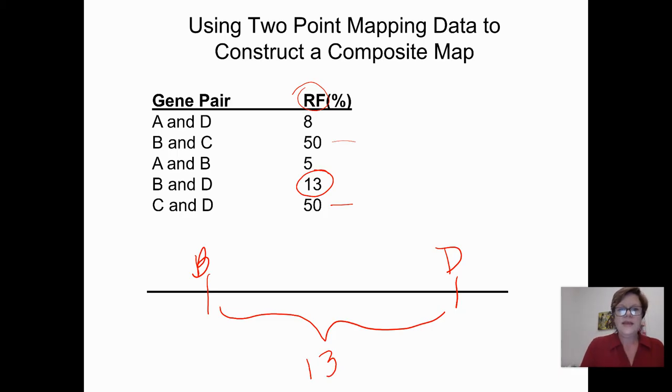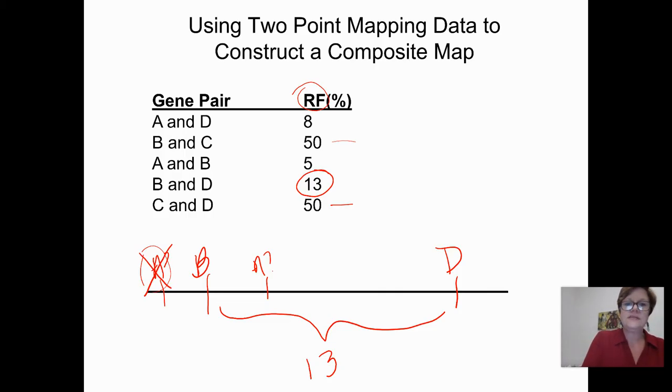And then I have A to B is 5. So it could be here or it could be here. So A, I'm going to put a question mark. This is kind of trial and error. It's a little bit of a puzzle, if you like. And then A to D is 8. If A was over here, then it would be 5 plus 13, which is 18 to D. So that can't be right.